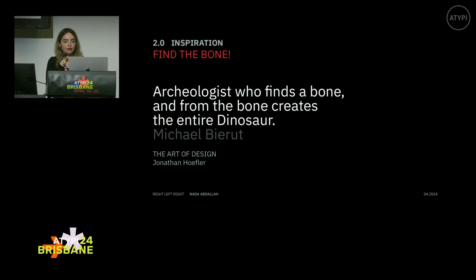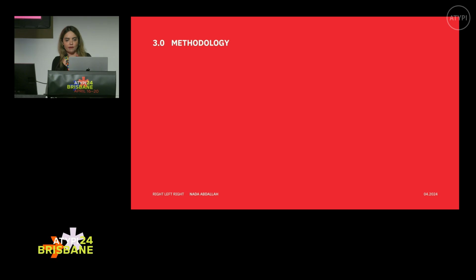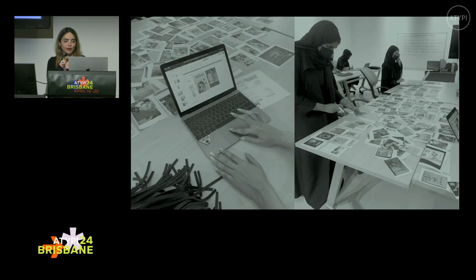As Michael Beirut said, typography archaeologists try to find the bone, and from the bone create the entire dinosaur. So this project is basically trying to find the bone, which bone to work with, and trying to find the entire letter forms that you want to create.